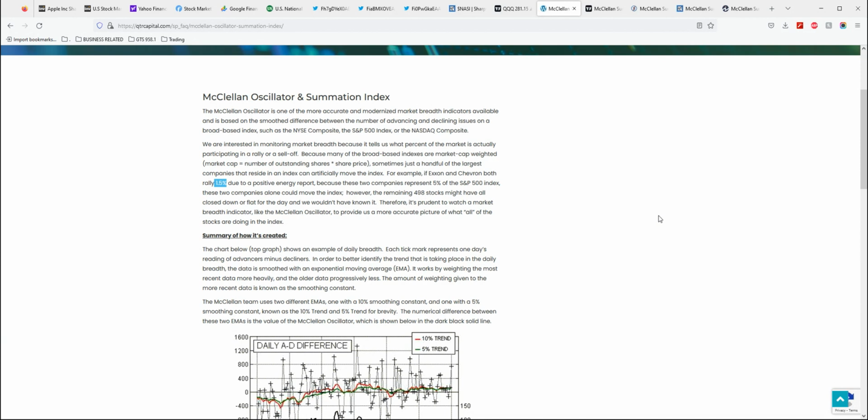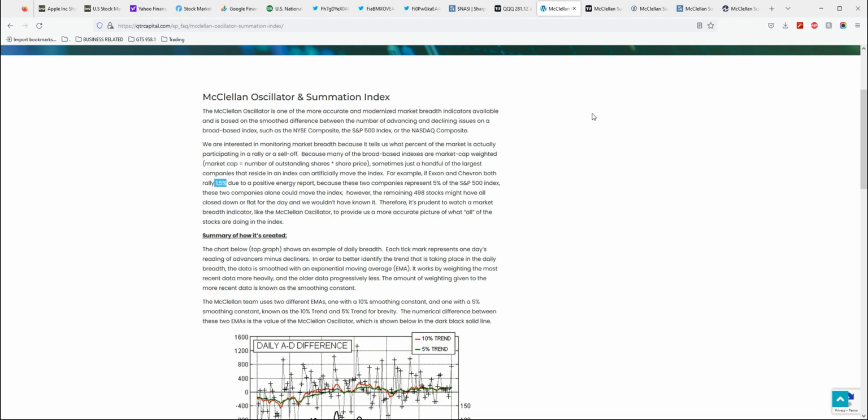Therefore, it's prudent to watch a market breadth indicator like the McClellan Oscillator and Summation Index to provide us a more accurate picture of what all of the stocks are doing in the index.